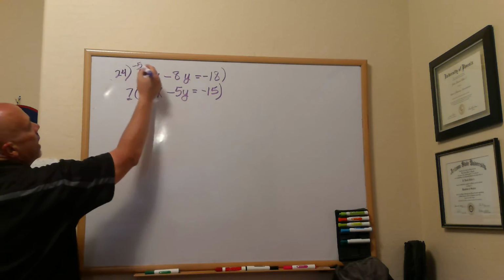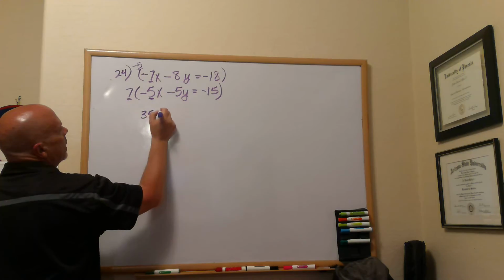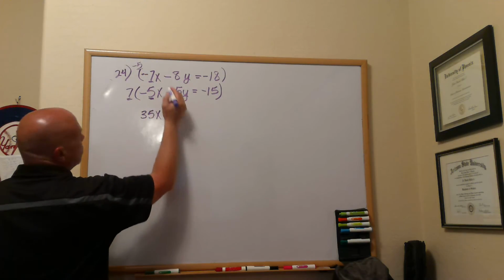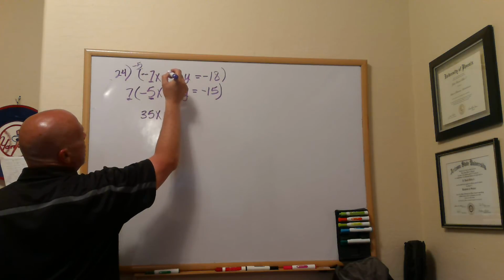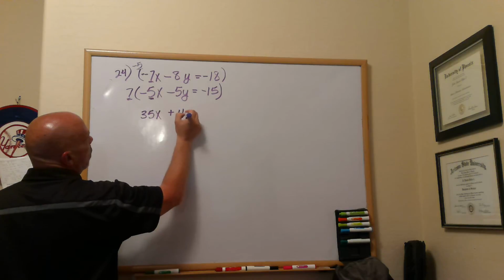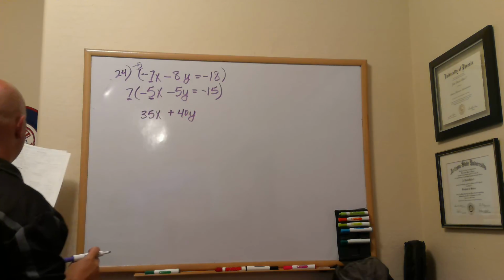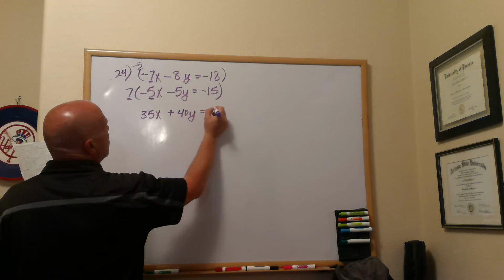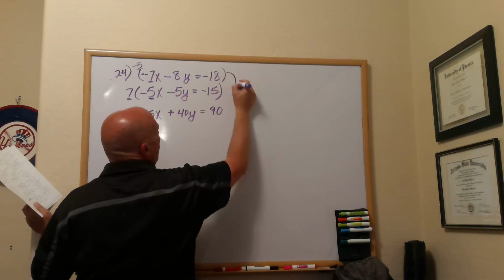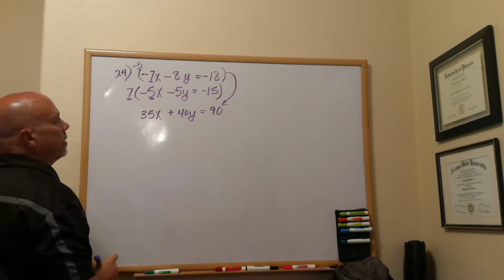So I have a negative 5 times a negative 7x is going to give me 35x. Negative 5 times negative 7 is positive 35. Negative 5 times a negative 8 is going to give me a positive 40y. And then a negative 18 times a negative 5 is going to be a positive 90. So that's the first equation rewritten after I've multiplied it by a factor of 5.